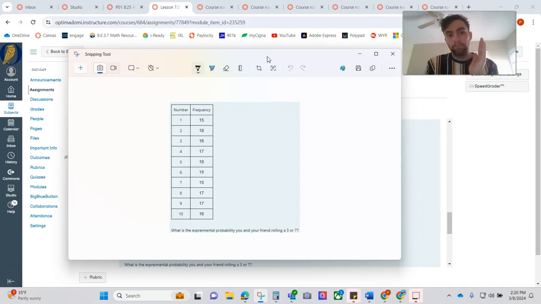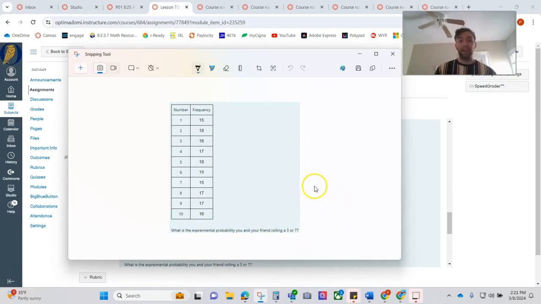Experimental probability is where you look into the past after conducting an experiment. And experimental probability isn't always the same as theoretical probability. It's almost rarely the same. If we were to ask the same question with theoretical probability, it would be 20%. What's the chance of you rolling a 3 or a 7? Well, it's 2 of the 10 numbers, so that's a 20% chance.